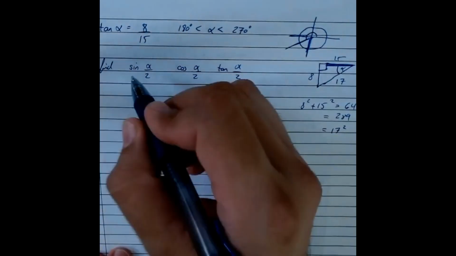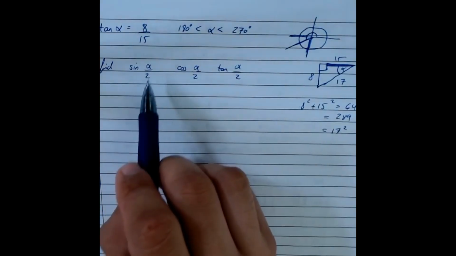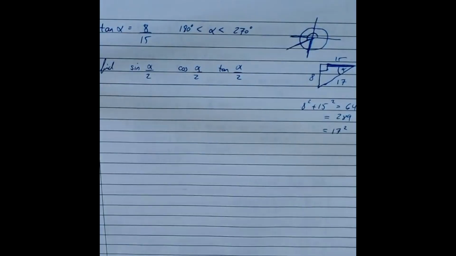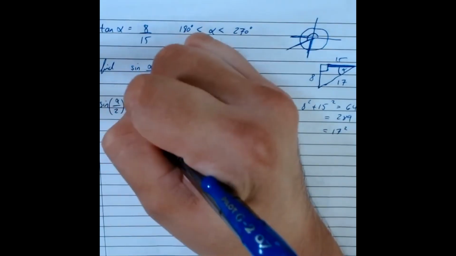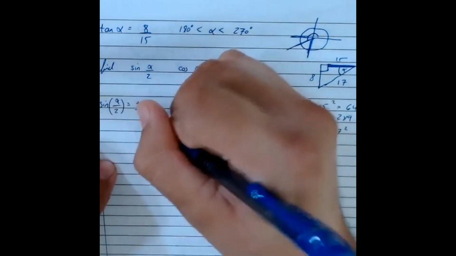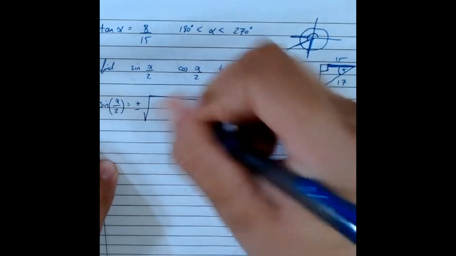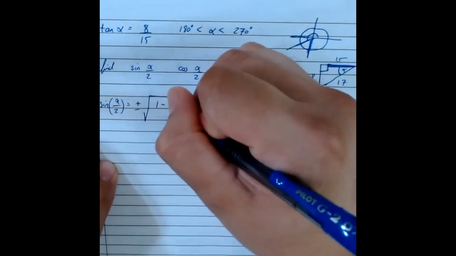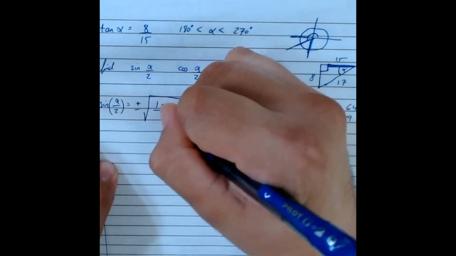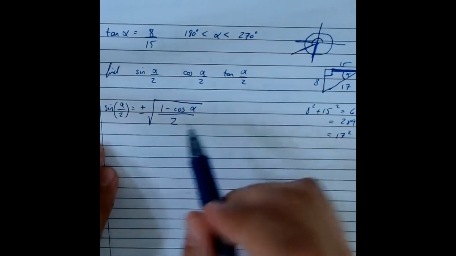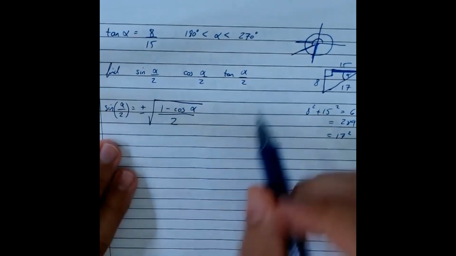All right, so now let's find the sine of the angle alpha over 2. Sine of alpha over 2 is equal to plus or minus the square root of 1 minus cosine of alpha over 2, like this. Okay, well, first of all, plus or minus, which one?